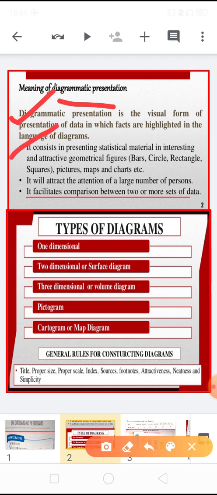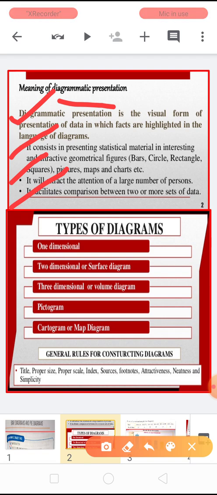It consists in presenting the statistical material in interesting and attractive geometrical figures, that is bar, the circle, rectangle, square, pictures, map and charts, etc. It will attract the attention of a large number of people. Like if the data are being presented in a bar or in the bar diagrams, then it looks very attractive, and it too attains the attention of the other people. And last, it facilitates the comparisons between two or more sets of data. So this is called your diagrammatic presentation.